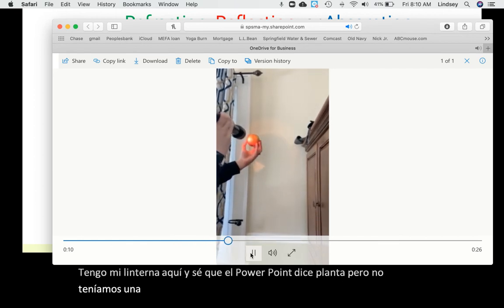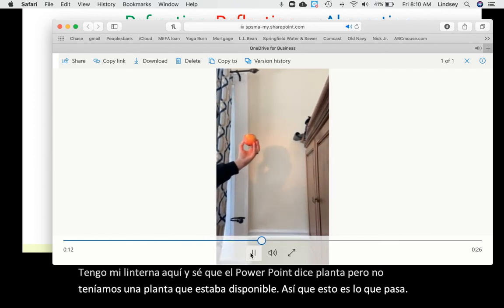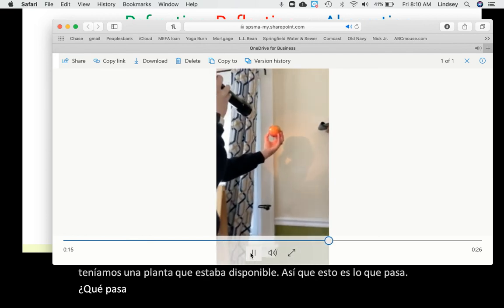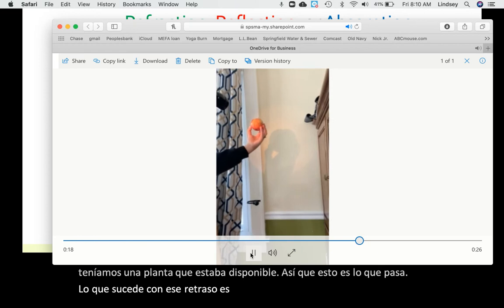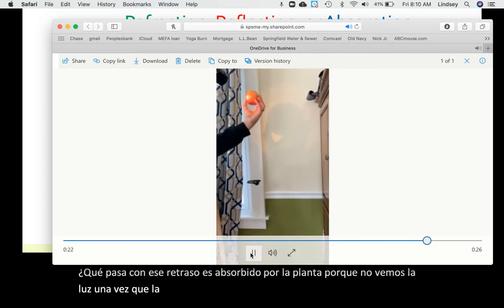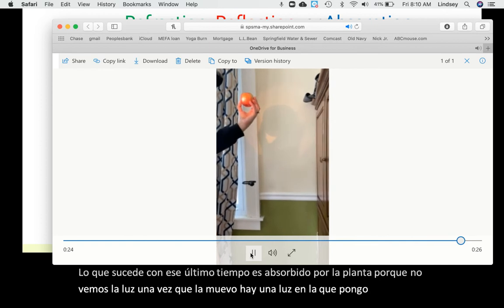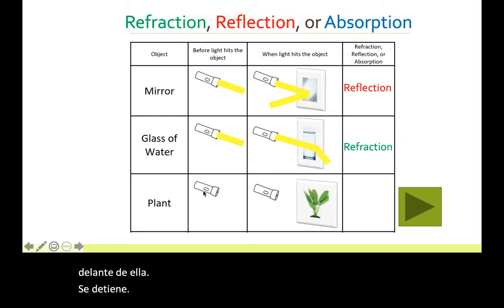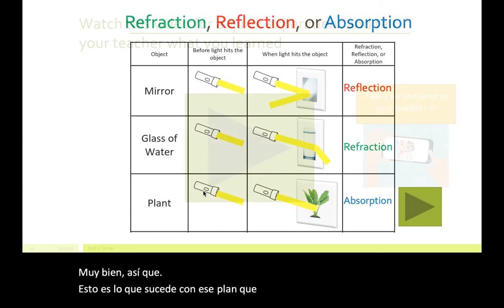So what happens with that light? It is absorbed by the plant, because we don't see the light. Once I move it, there's the light. I put the apple in front of it, it stops. This is what happens with that plant. It is absorbed by that apple.